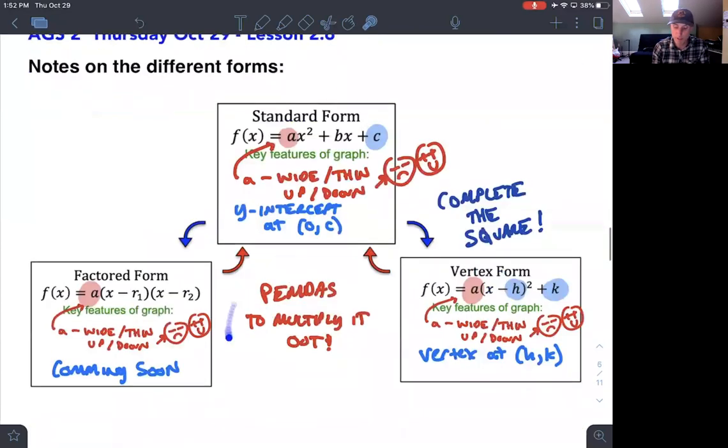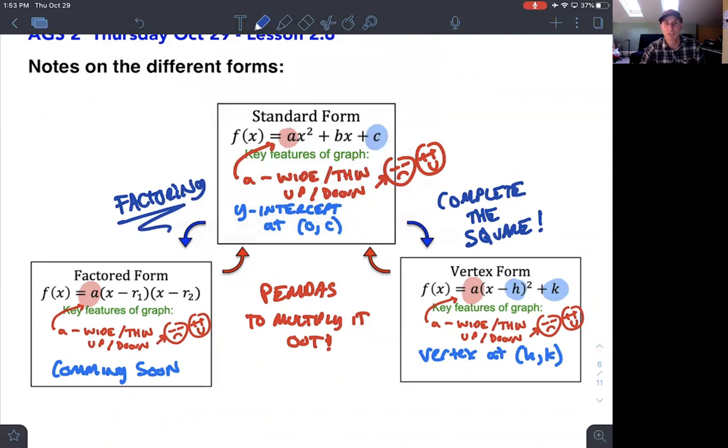So order of operations is always what you use if you're going from down here back up to standard form. But there's one more thing here we haven't done. Going from standard to factored form is called factoring. And that's what we're going to do today right now. Okay? All right, there is a lot of information on this slide.